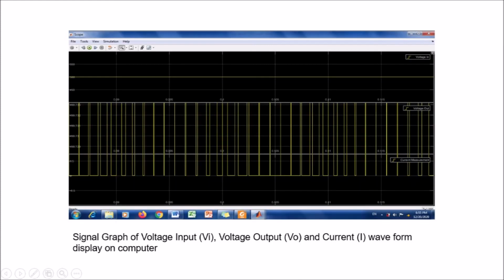In order to measure voltage input, voltage output, and current as an inverter circuit, the waveform shows that the voltage input is still constant, while the output of the voltage and current is in alternating current.